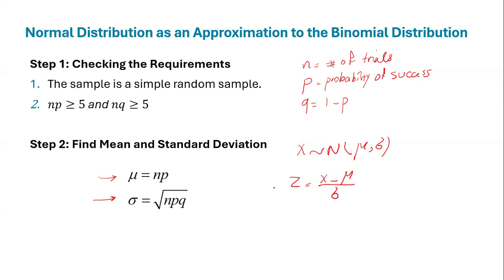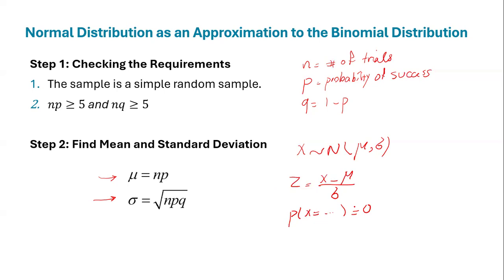You cannot find the area at specific points, because the probability when x is equal to a number in a normal distribution is always 0, while the binomial distribution is a discrete probability distribution.